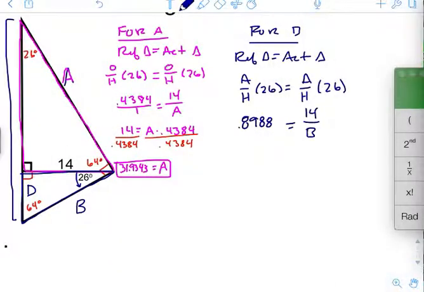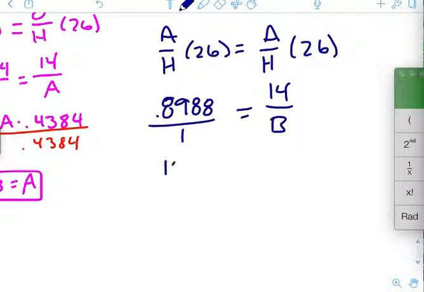Okay, now this is cross multiplying. All right, so 14 is equal to 0.8988 times B. So let's divide both sides by 0.8988.